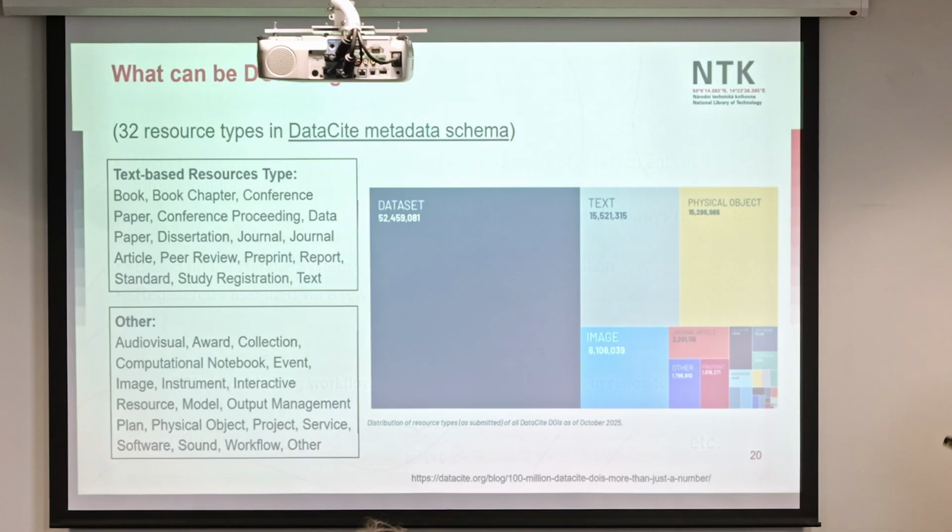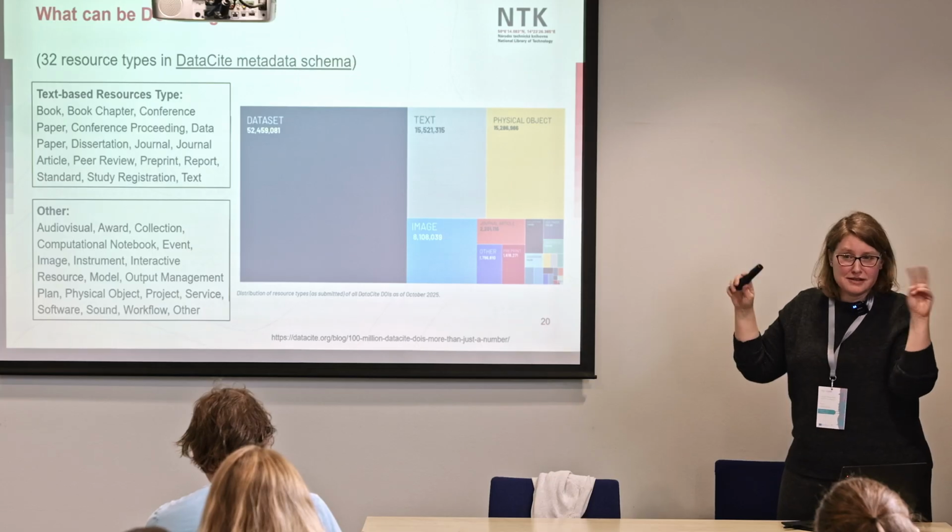What can you assign a DOI to? This is specifically for DataCite. There are 32 resource types, and you see that there are text-based resources, but there are other resources, and even in the text-based resources, there is something as generic as text. In other, there is other.